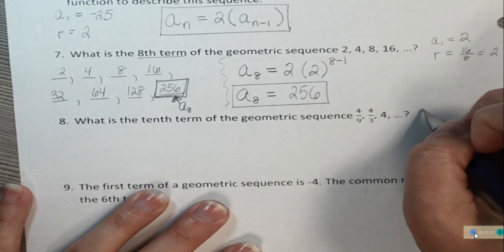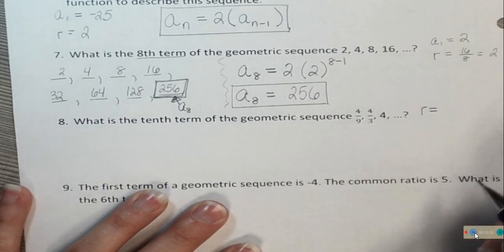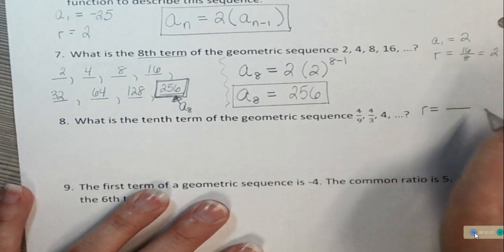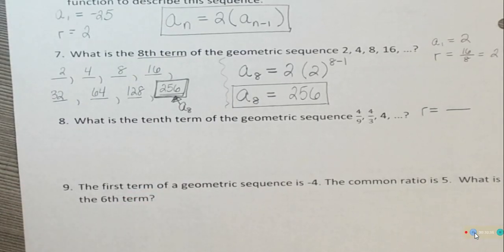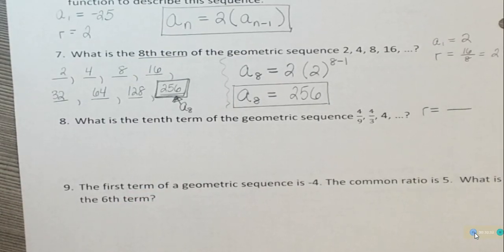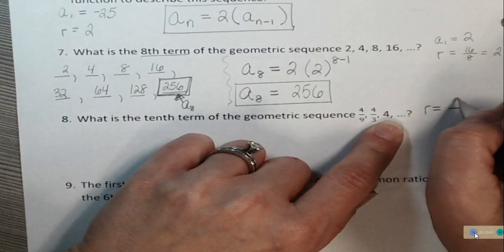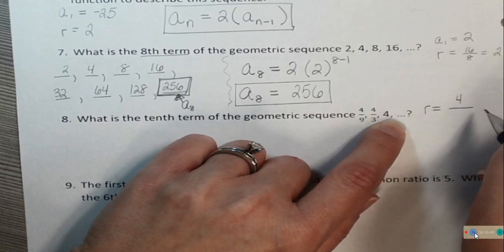So in order to find R, I'm going to pick a term, that's what it's called, and divide by the previous. You can technically pick whichever term you want. I encourage you, especially if you struggle a little bit with this, to pick the last one. The last one is 4, so what's the only thing that came previously before it?